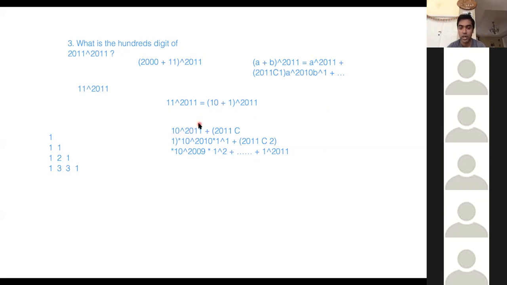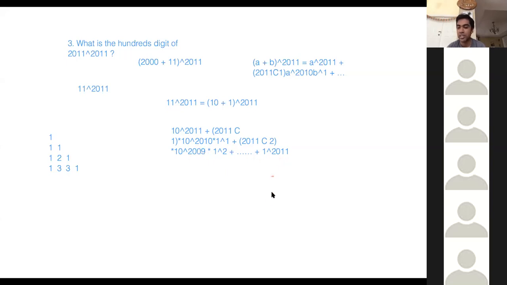Let's start from 10 to the 2011, 10 to the 2010 times this, and so on. Do these affect the hundreds digit? No. Why not? Because it would just keep adding a 0. So if we have 10 to the 2011, this is going to end in 2011 zeros. This is going to end in 2009 zeros, 2008 zeros, and so on.